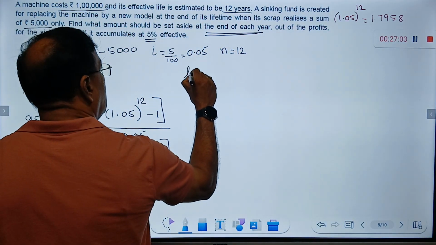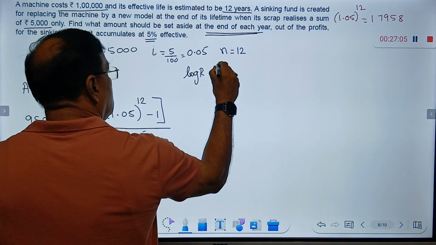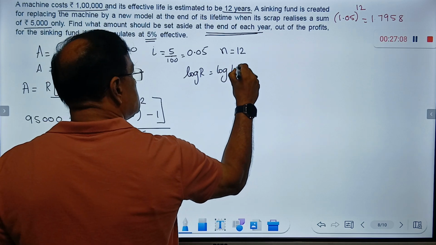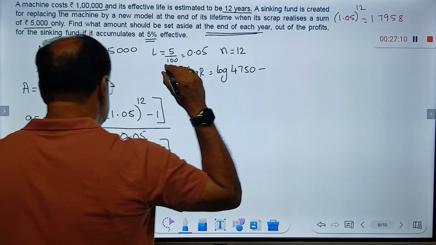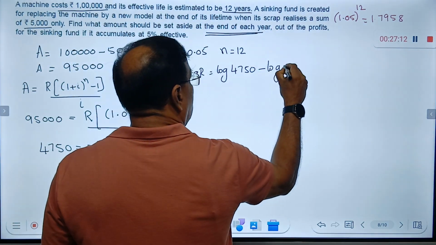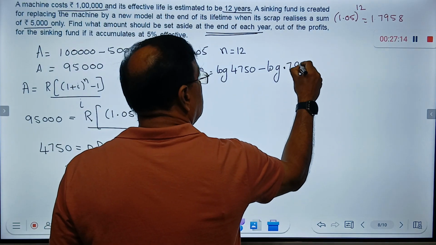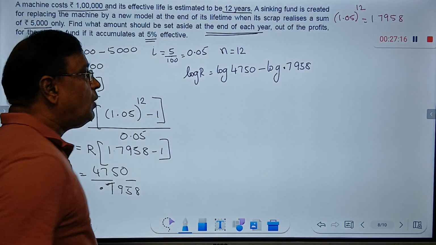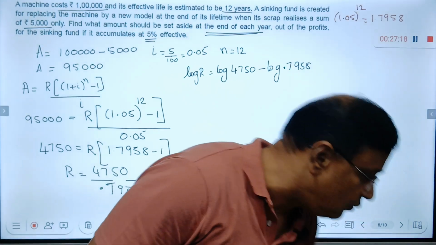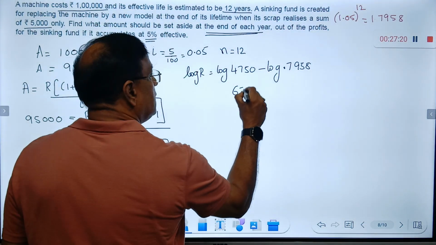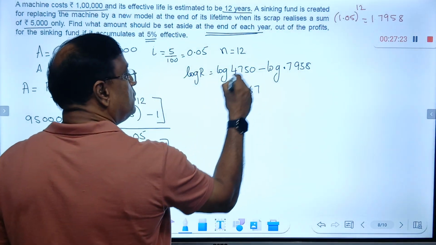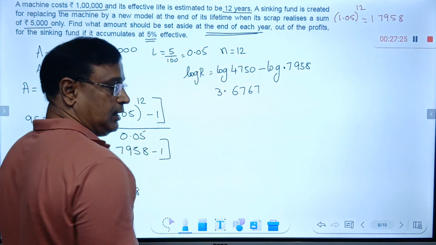Now you take log. So log R equal to log of 4750 minus log of 0.7958. Now what is log of 4750? The log of 4750 is 3.6767. Since it's a 4-digit number, the characteristic is 3.